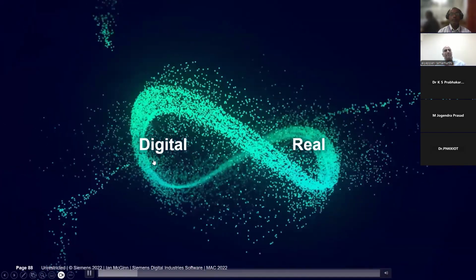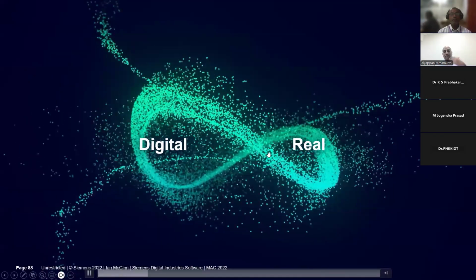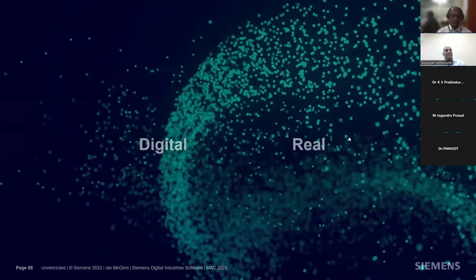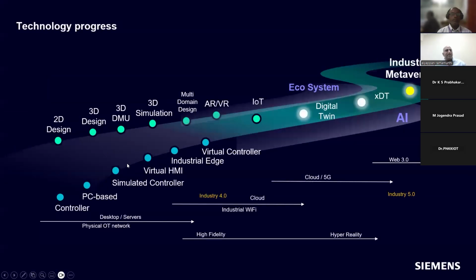So the whole idea of digital twin is that it is for both product and production, and it needs both the real world and the digital world together. And it is an evolution. So we saw 2D design, 3D design, 3D simulation, multi-domain, AR, VR, IoT, and then you have the digital twin, and the digital twin powered with AI, the executable digital twin, which is going through optimization on a real-time basis, eventually going to the metaverse with NVIDIA Omniverse capability, and then the shop floor side.